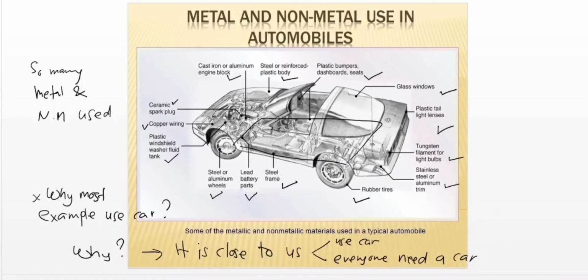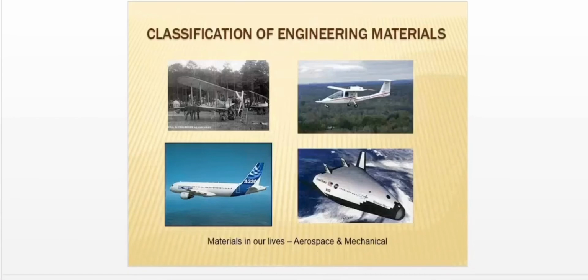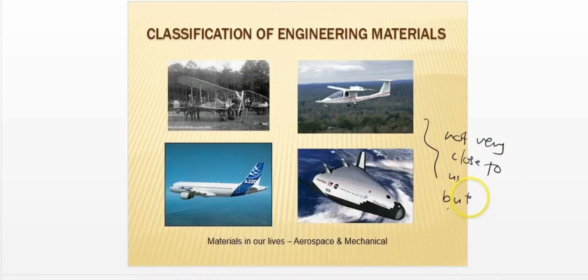And then on the next slide here, you may refer to another classification of engineering materials, like the use of metals in the aviation industry. This is among the examples, not very close to us, but we are very much involved in aviation also.